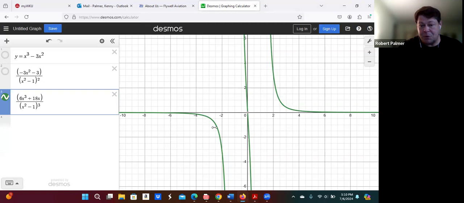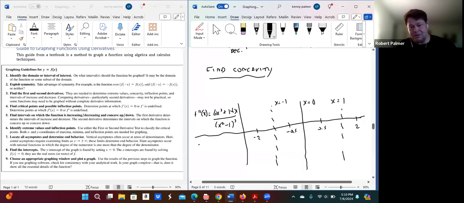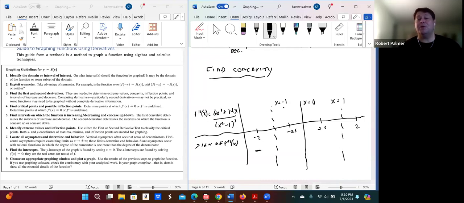If you're at -2, then our second derivative is negative. I'm talking about the sign of f double prime of x. Over here it's negative.